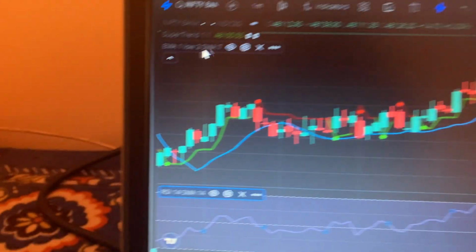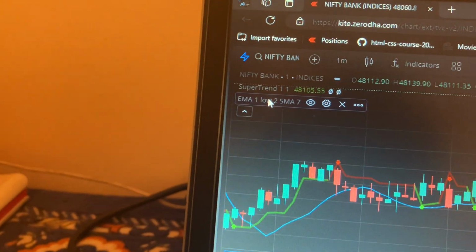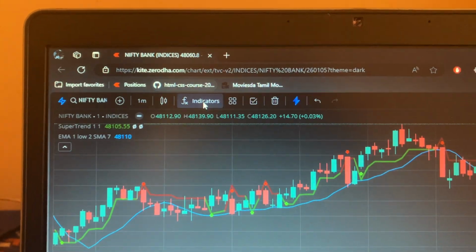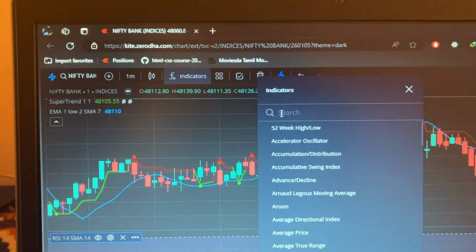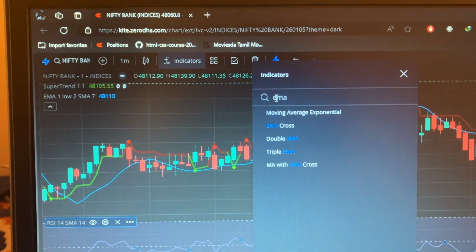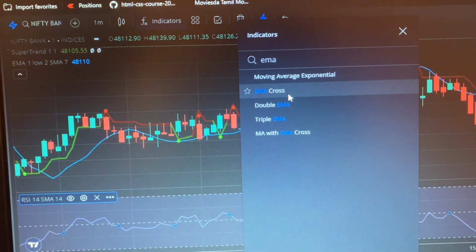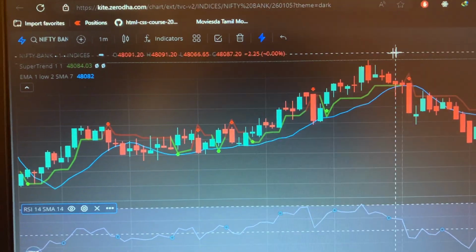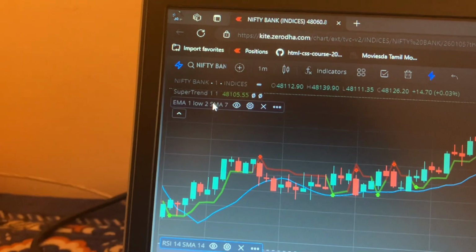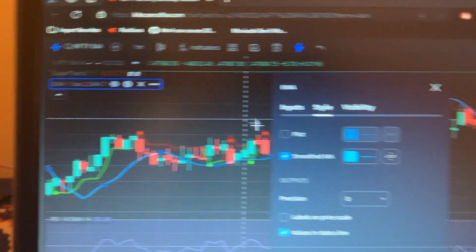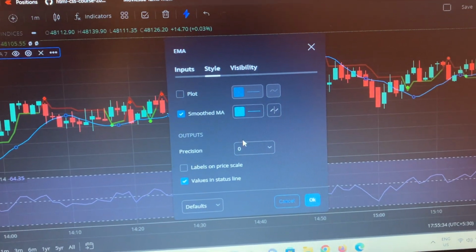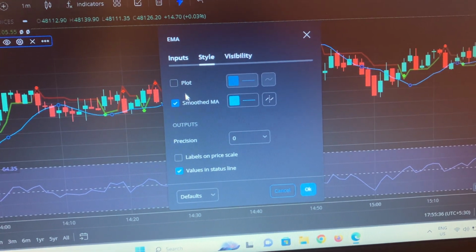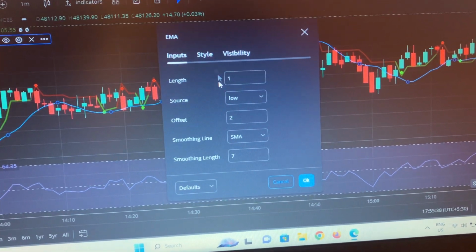The second indicator is EMA. Go to indicators, EMA. This is called EMA cross. Then go to settings of the EMA. Let me click on inputs.